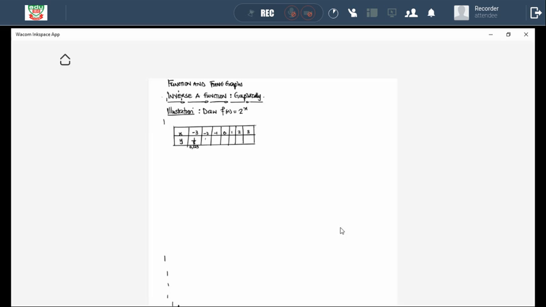If I put -2, that will be a quarter, which can also be written as 0.25. That will be a half, which is basically 0.5. Then put 0, that would be 1, that would be 2, that would be 4, and that would be 8.